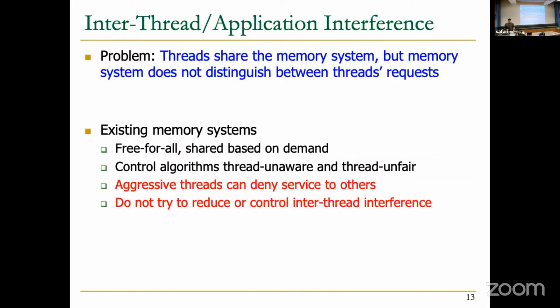And we've seen a type of problem, inter-thread or inter-application interference, where threads that share the memory system contend for the same resource, and the memory system doesn't know that there are multiple threads running in the system. So the scheduling decisions that we make are thread oblivious.